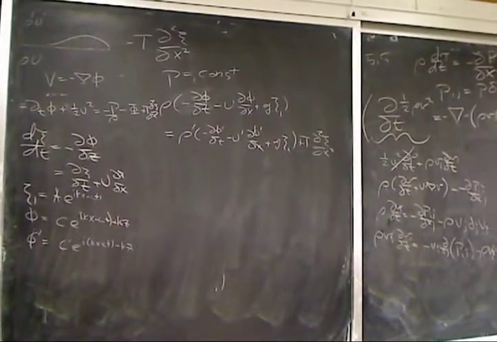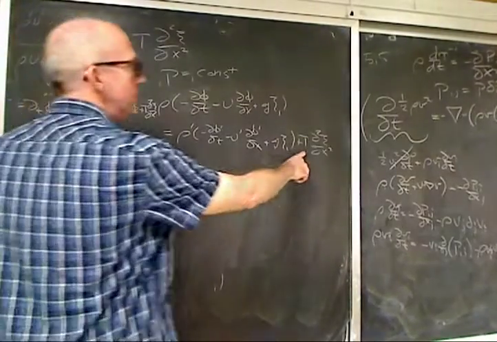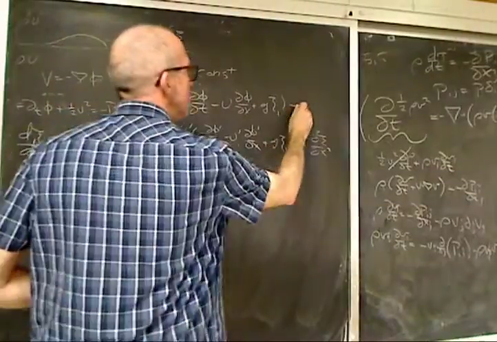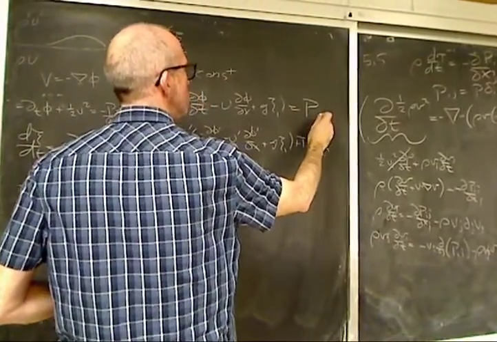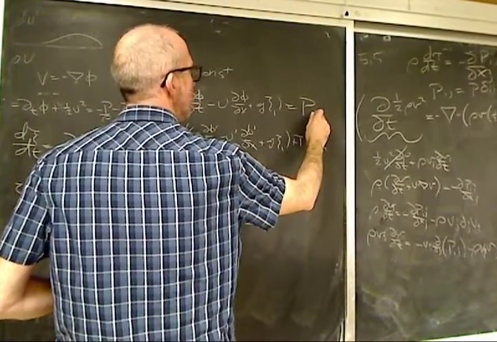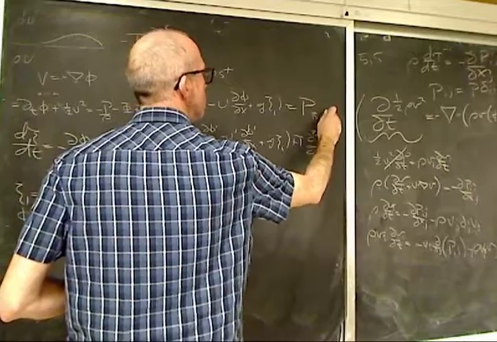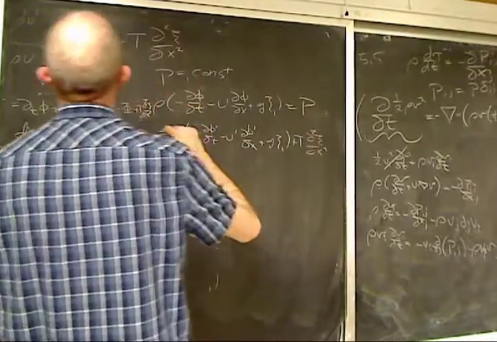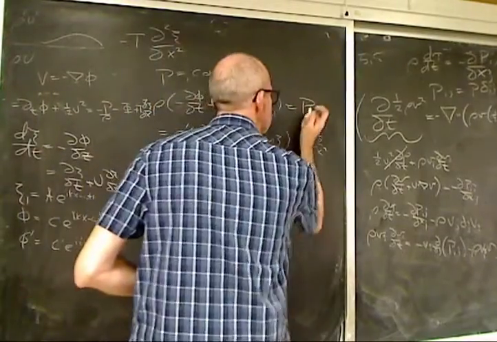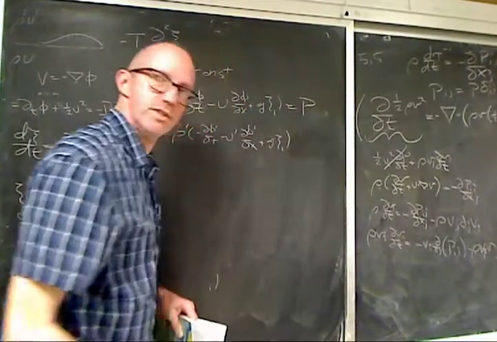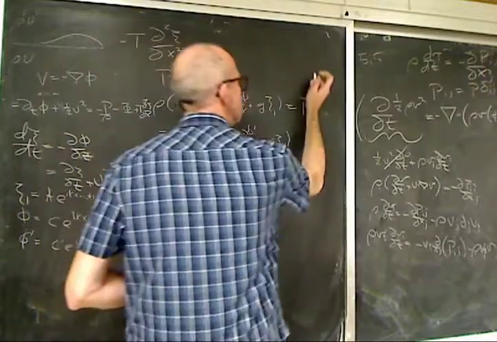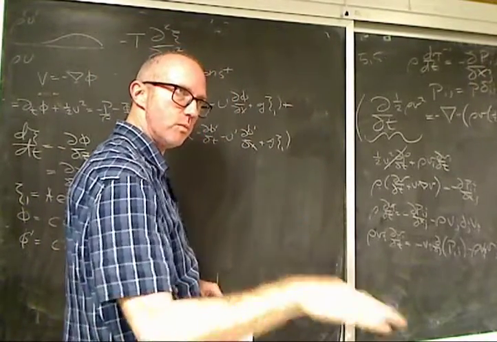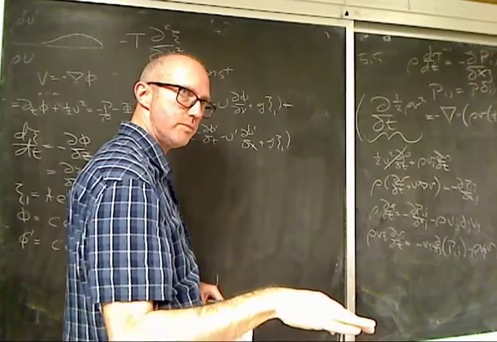Professor? Yeah. Can you explain that? This bit? Yeah. So what I do here is, this is equal to the pressure in the bottom. No, sorry, that is not what you did. You put it on the bottom part because the bottom fluid has the pressure.